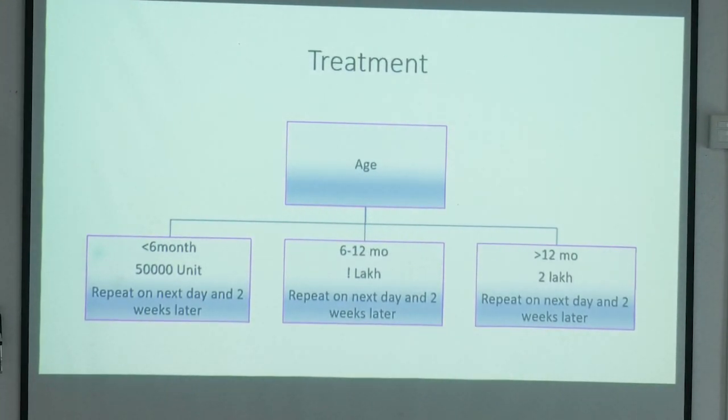And over 12 months, 2 lakhs, repeat on the next day, and 2 weeks later. Okay? So, this is the treatment of cases where the child is suffering from vitamin A deficiency.